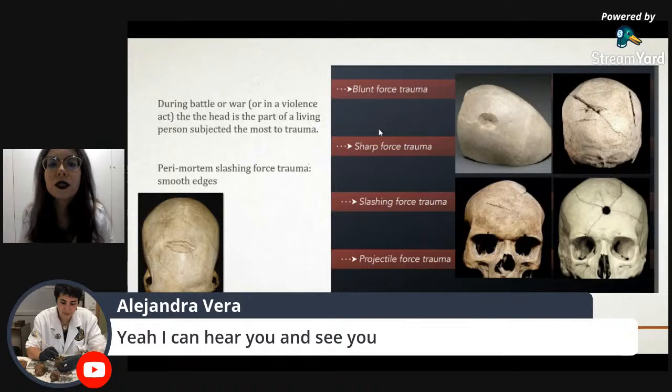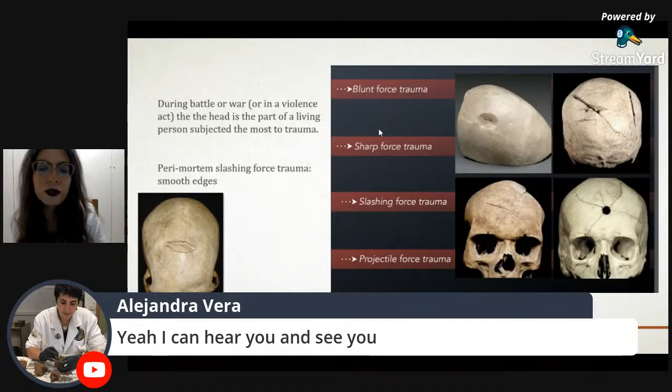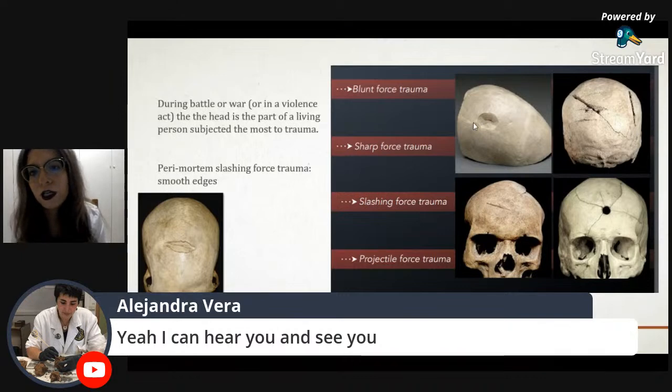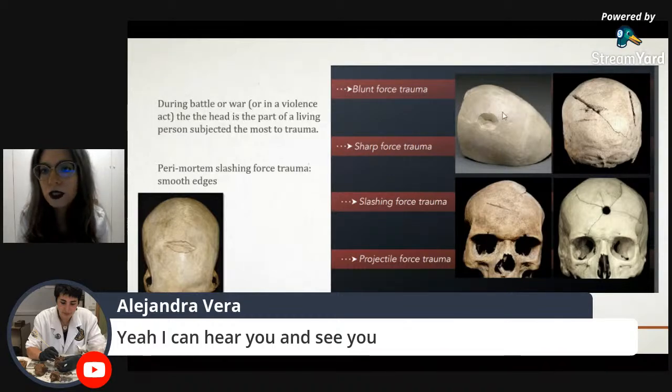There are also other types of trauma that could happen, fractures and lesions during battle or war, or simply in a violent act. The head is the part of the body most subjected to trauma. We can distinguish between different types of force trauma based on the type of bone alteration, which is very easy to follow and to distinguish.